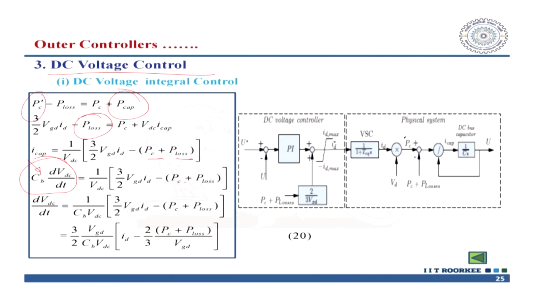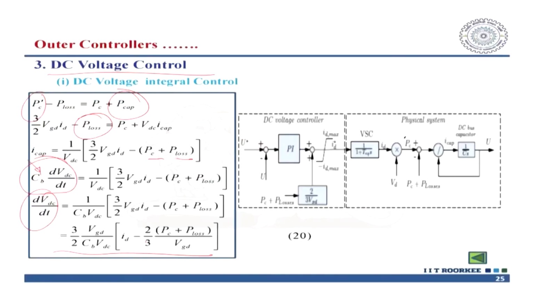Previously we neglected the loss component; here we have added the loss component, otherwise you will find that the DC bus voltage is sinking. So, dVDC/dt equals, with C coming here, ultimately this expression, which is nothing but a ripple. The rate of change of DC bus voltage is nothing but a ripple. So, it is 3 by 2 C VDC GD ID minus 3 by 2 PC plus PC loss by GD.